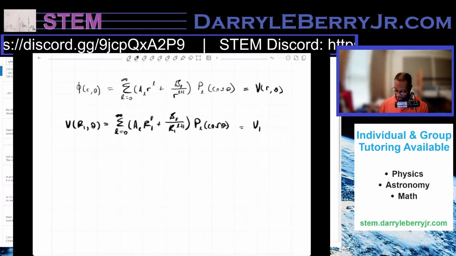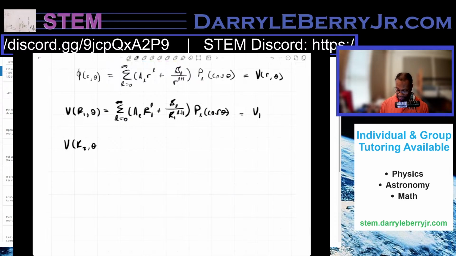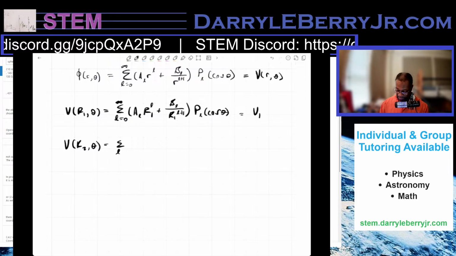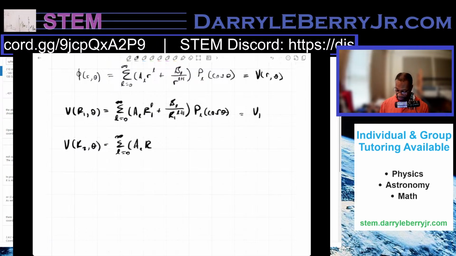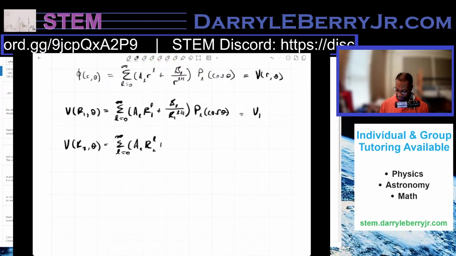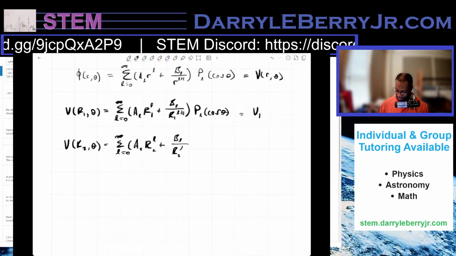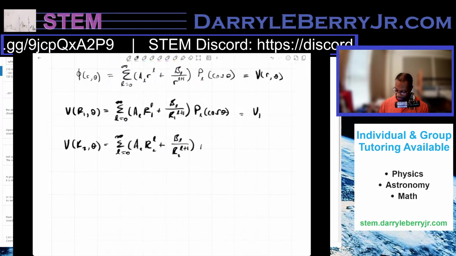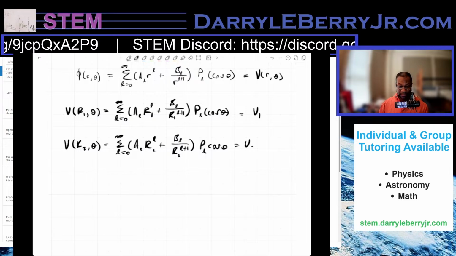It's going to be the potential 1, and then potential at R2, theta equals the sum, L equals 0 to infinity, A_L R2^L plus B_L over R2^(L+1), P_L cosine theta will give us V2.